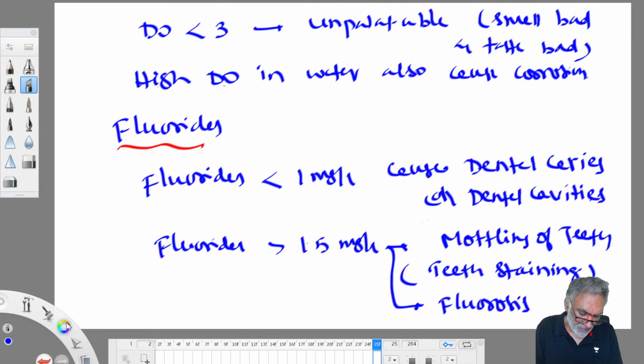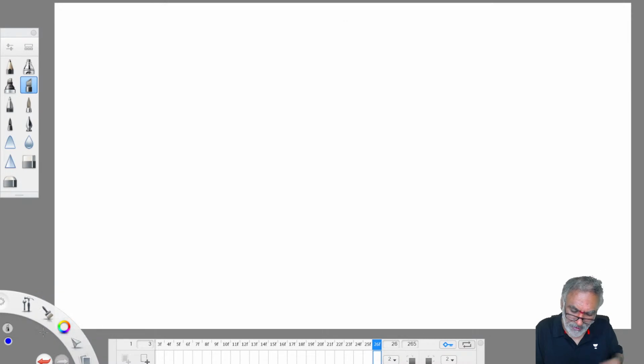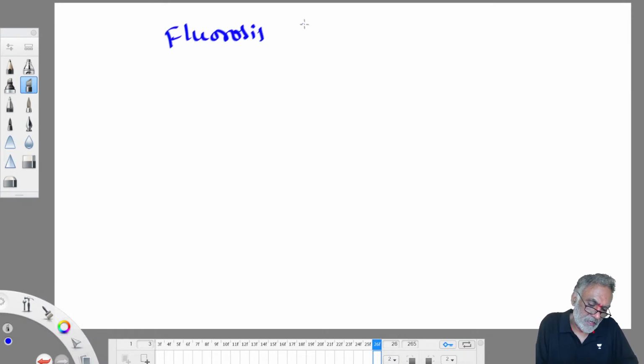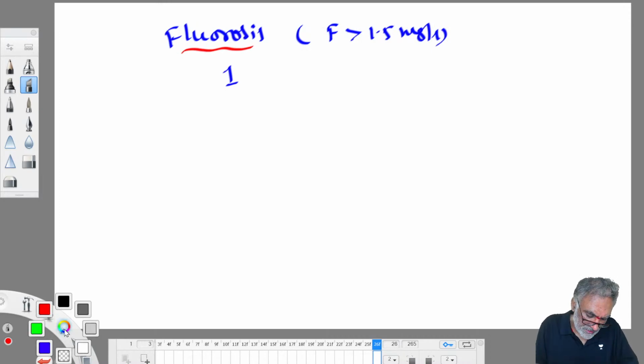Fluorosis is of two types, dental fluorosis and skeletal fluorosis. Both are very dangerous. Fluorosis normally occurs when fluoride concentration is greater than 1.5 milligram per liter. One is dental fluorosis, the second one is skeletal fluorosis.